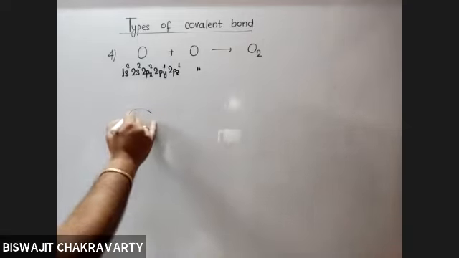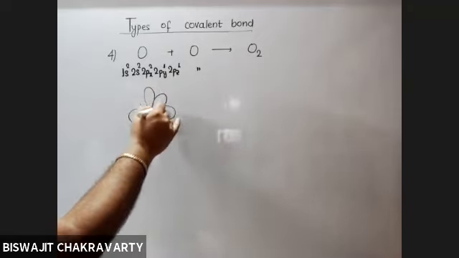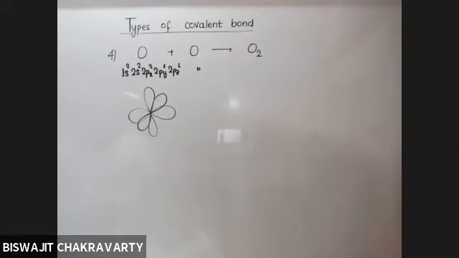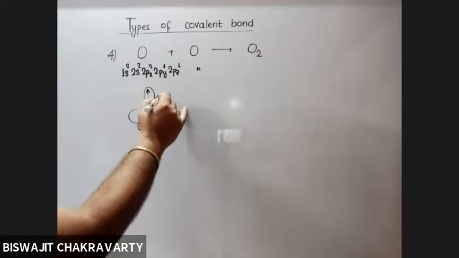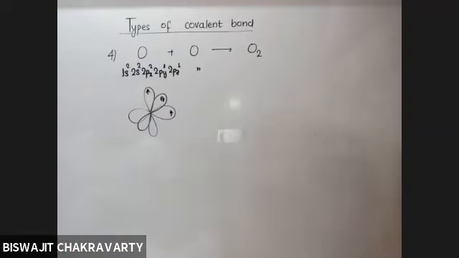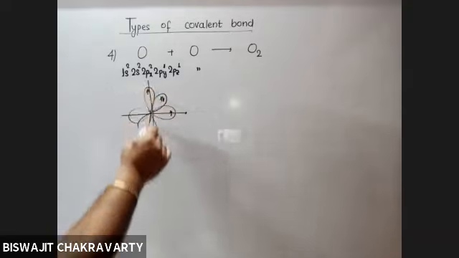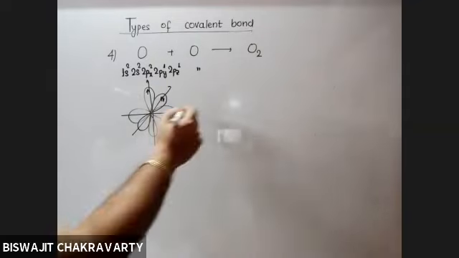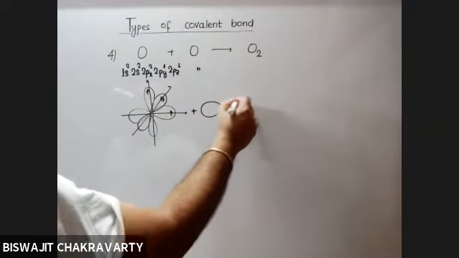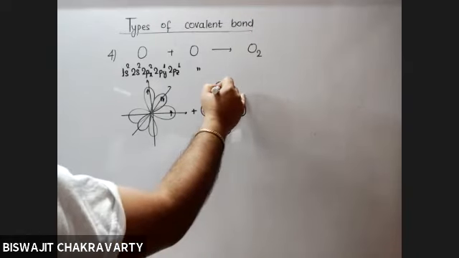Which means that out of the 3 p orbitals, pz has an unpaired electron, py has an unpaired electron, but px has paired up electrons. So the other one also will have the same type, unpaired electron, unpaired electron.